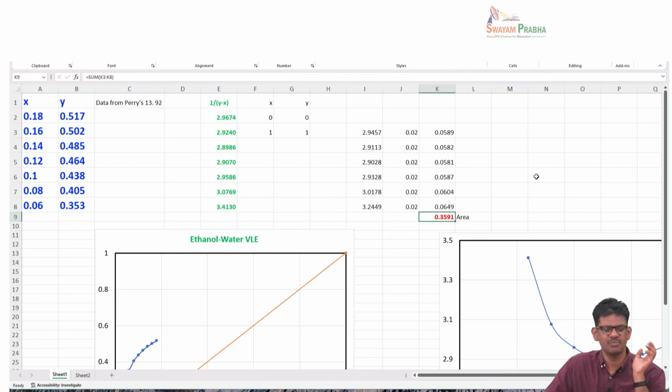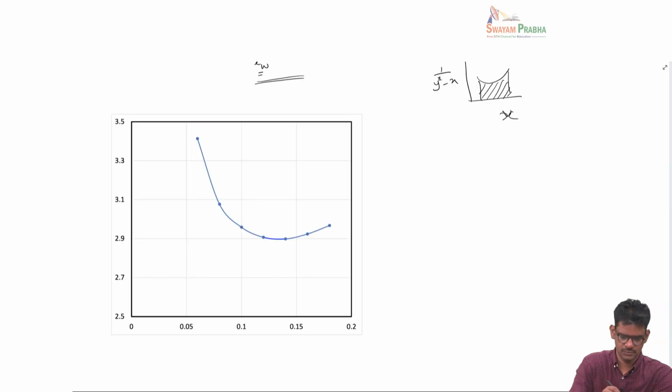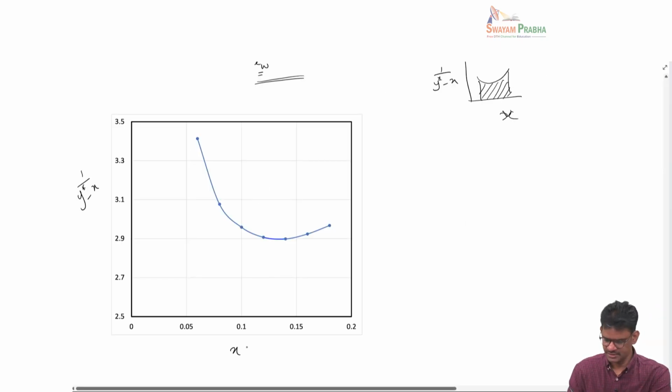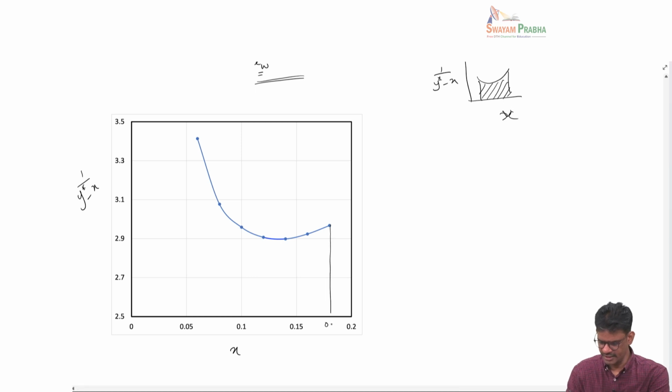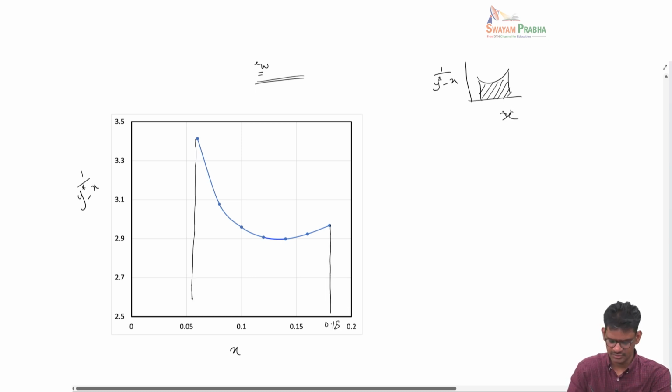So I get something like 0.36. Okay. So you can use any other numerical technique to integrate this, but I used a very simple approach here. So this is 1 by y star minus x, this is x, and this is 0.18, and this is 0.06, and we have obtained the area under this curve.